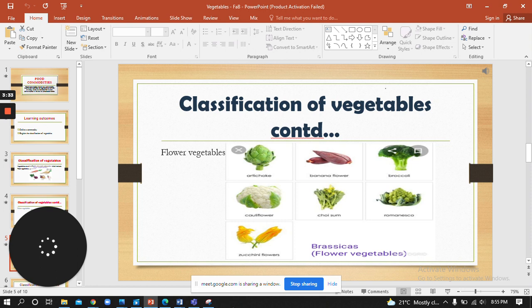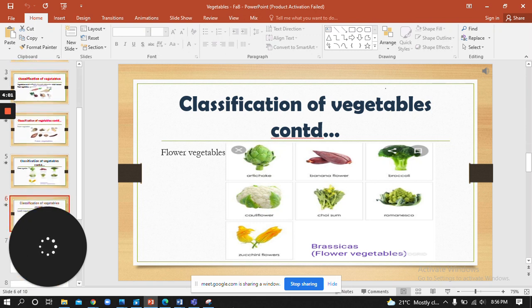Other examples of flower vegetables are broccoli, artichoke, and there is also zucchini flower. This one comes from the vegetable we usually call courgette. It's actually called zucchini, and before it actually forms the vegetable we know, the flower is also edible. It falls in this category of brassicas or flower vegetables.